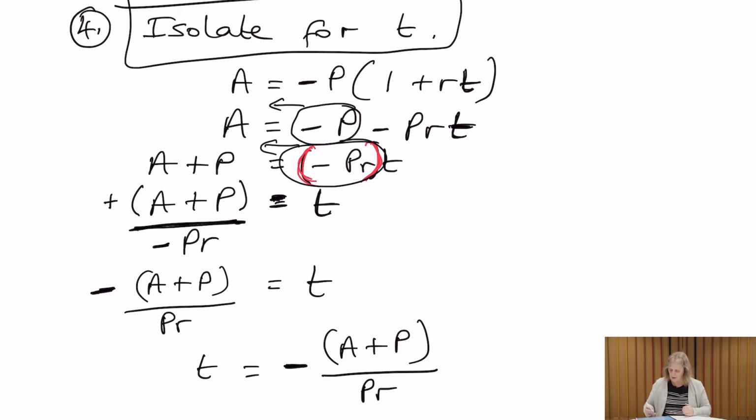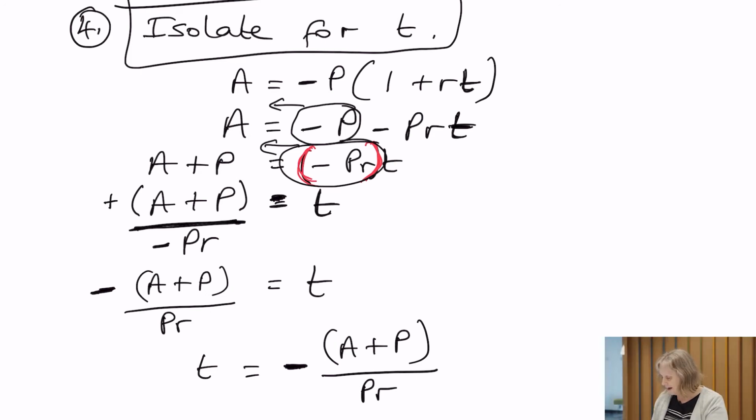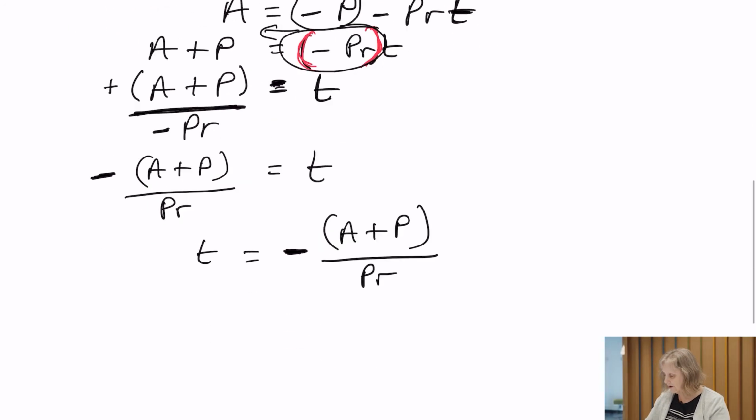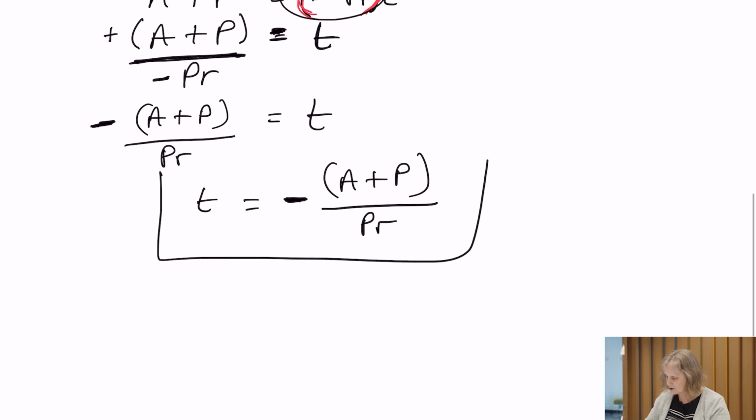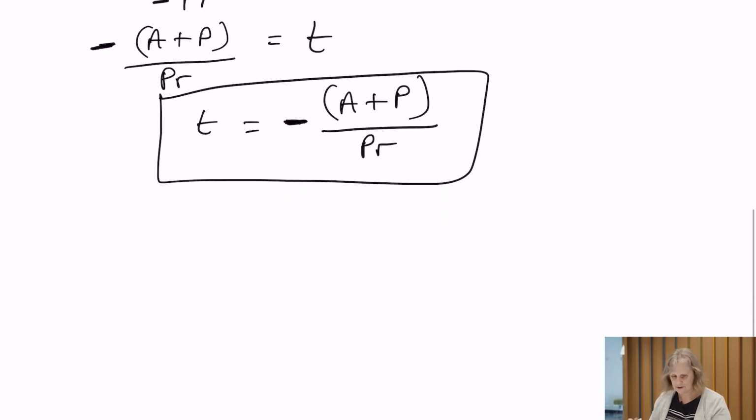Overall, the right-hand side is negative, as indicated here. We've got a fraction with a numerator of a plus p. We've still got to keep those brackets there, and then all over pr. So now that is our solution. We've isolated t correctly. Okay, so it's a little bit trickier with the negative there, as you see.